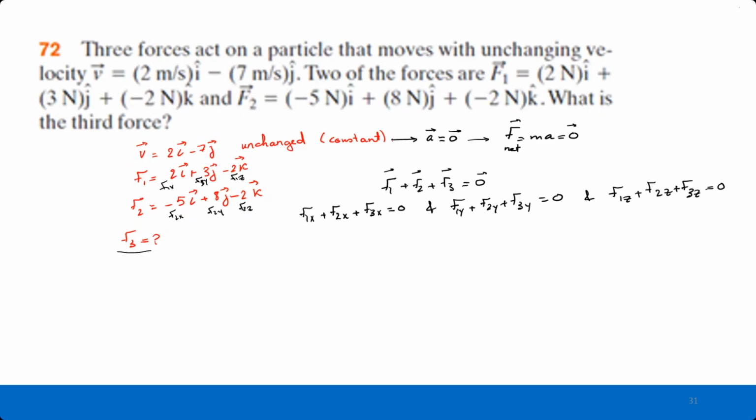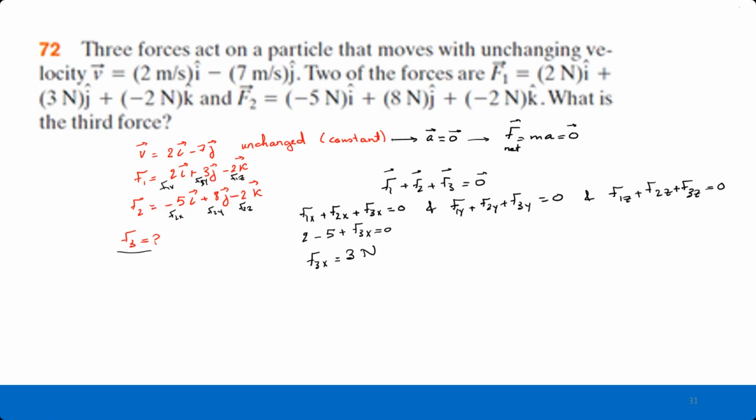So I'll just substitute F1x and F2x, and I'll try to find F3x. So F1x is 2, F2x is minus 5, and F3x is what I want to find. As you can see, I can rearrange for F3x.